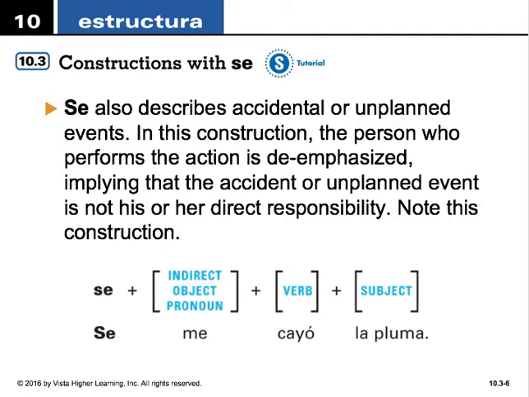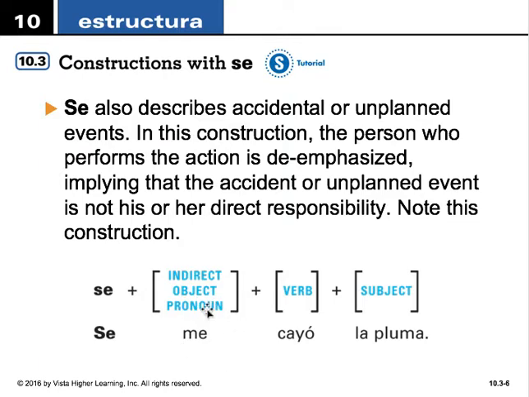And the construction looks like this. First, it begins with se. We have an indirect object pronoun according to whom the action is being done. El verbo, and then, of course, the subject of the sentence. Like, for example, se me cayó la pluma. It's kind of like the pen fell itself unto me. It sort of means I dropped the pen.